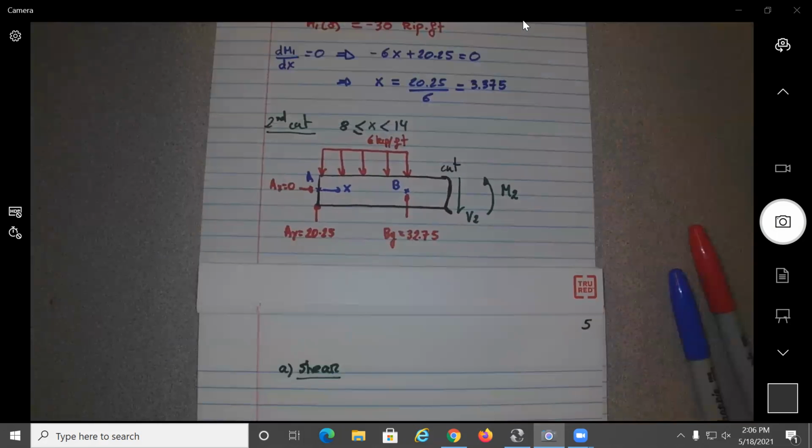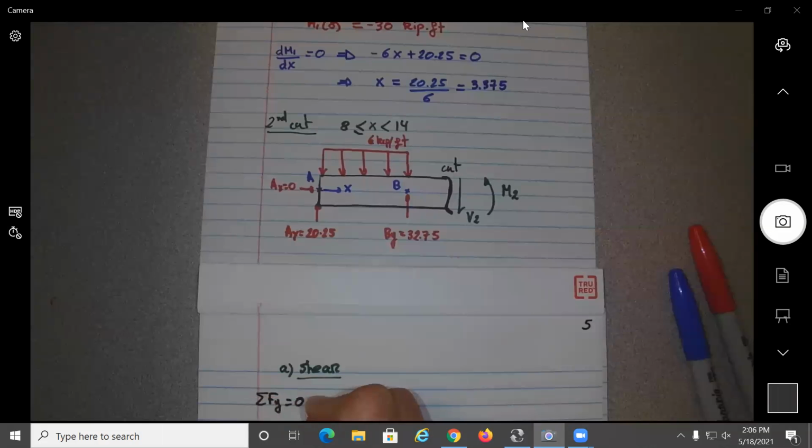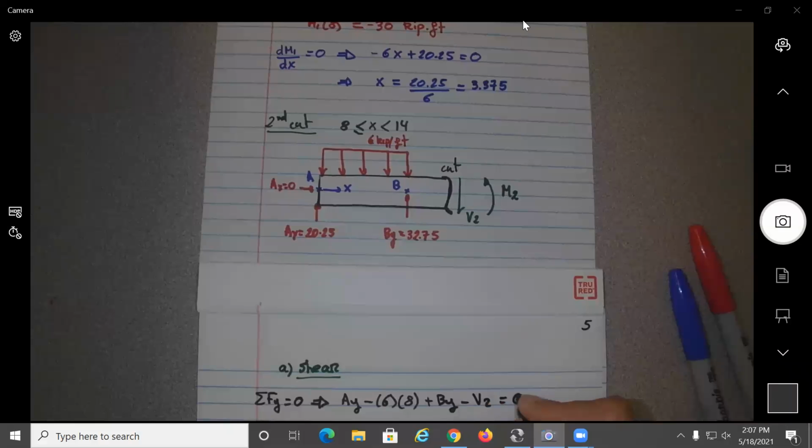So we do summation of forces on the Y. What are you going to get? You're going to get AY. If I start from the left, we're going to get AY minus 6 times 8 plus BY minus V2 equal to 0.